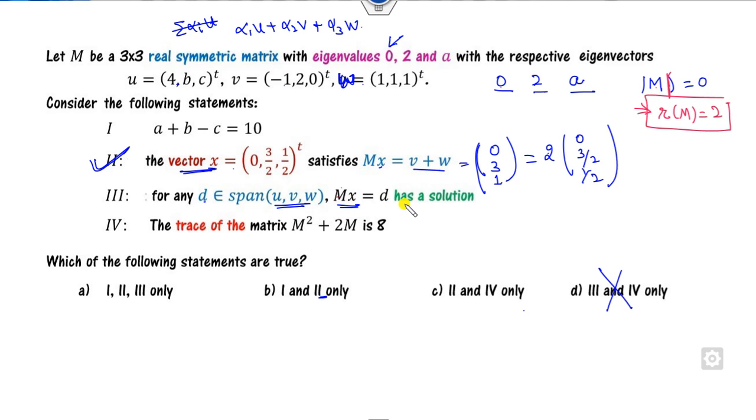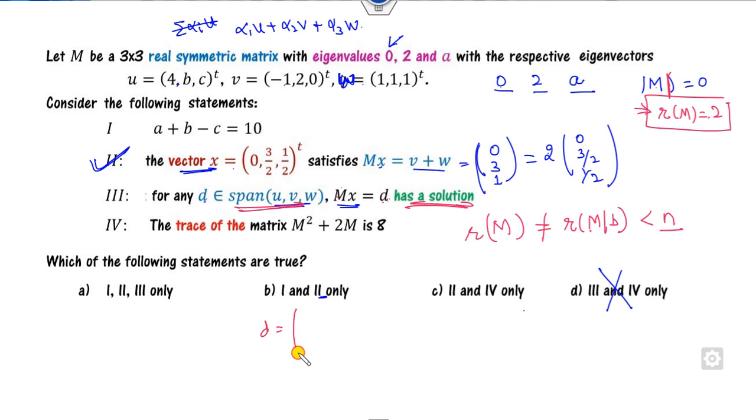We all know when there will be a solution: when the ranks of the coefficient and augmented matrices are the same, and it should be less than 3, because the rank of M is 2. If I just prove that there exists a matrix D whose rank is not equal, then it has no solution.